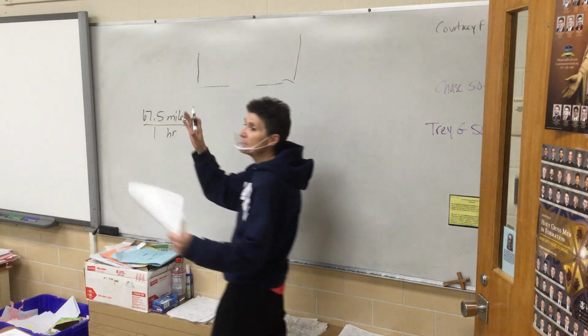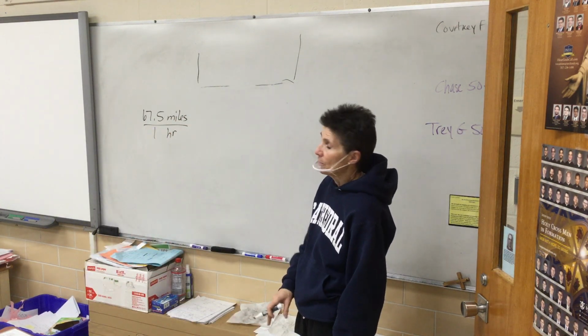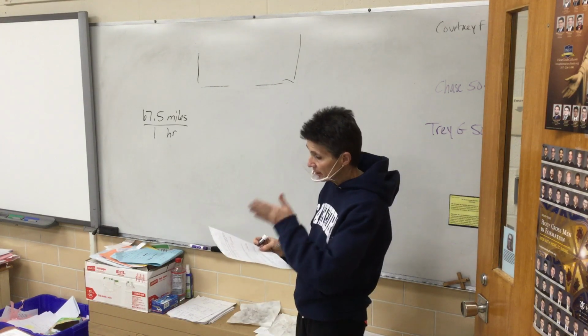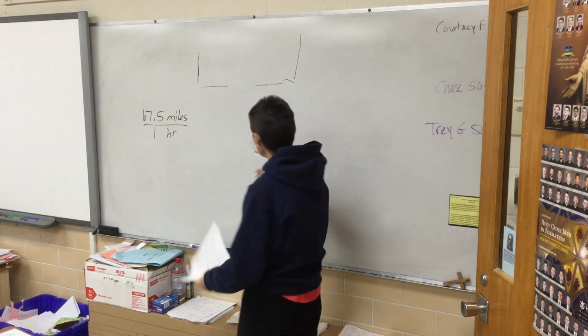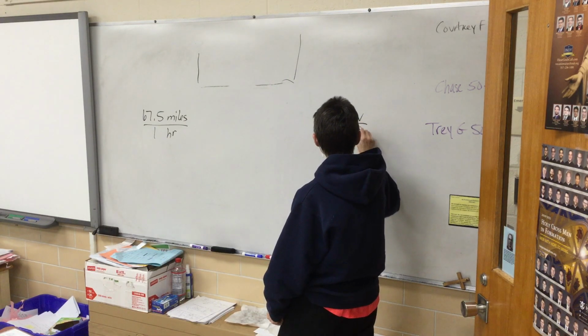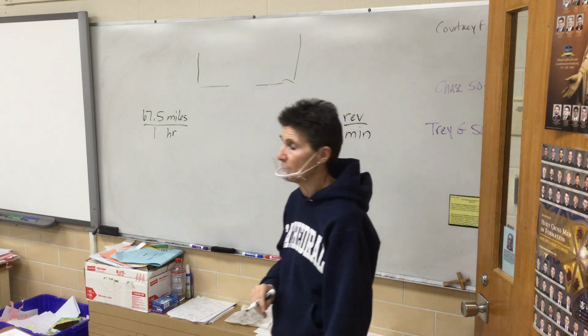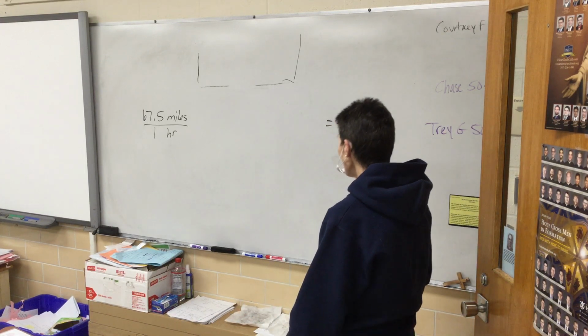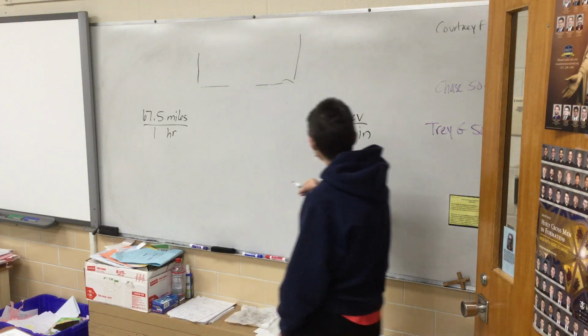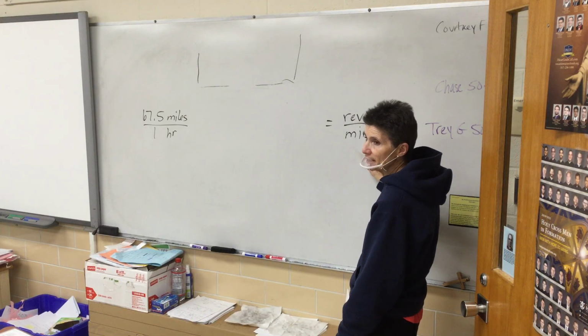I always have to have some number to start with. So in this case, that's what I have to start with. And I ultimately want to end up with revolutions per minute, RPMs. So I somehow have to get from miles and hours into revolutions and minutes.